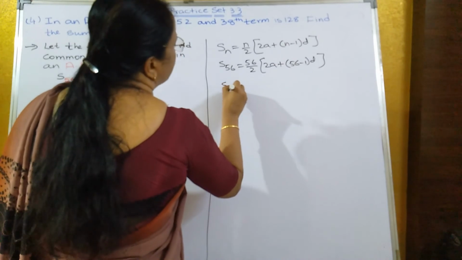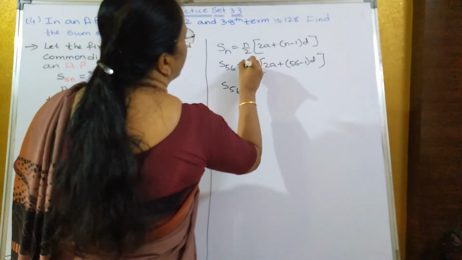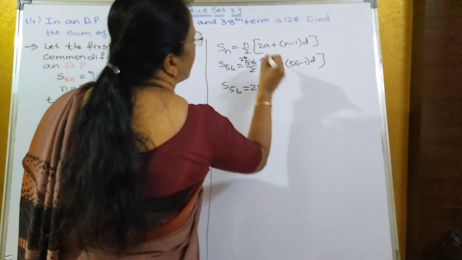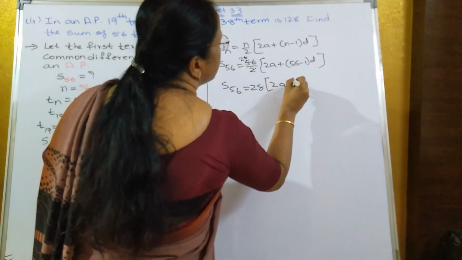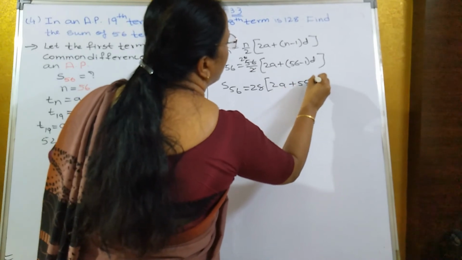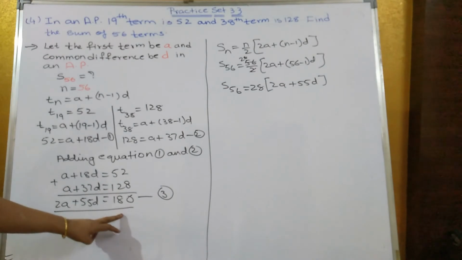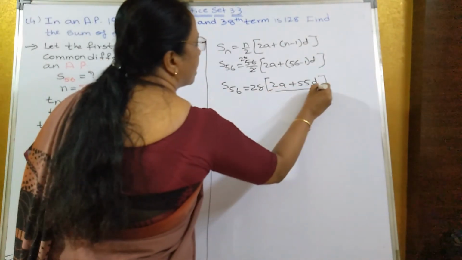So S56 is equal to, when you divide this, what do you get? 28. 28 into 2a plus 55d. Now we have already got the value of 2a plus 55d. 2a plus 55d is how much? 180. So instead of this, you'll write down 180.